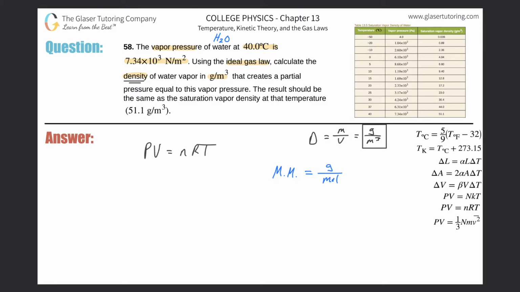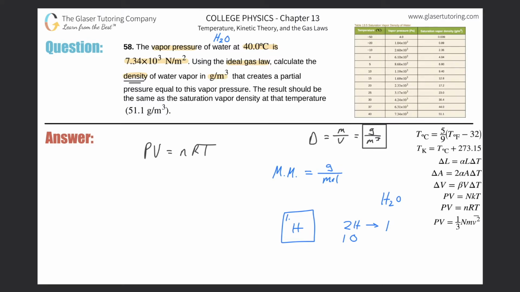Now, when you go to the periodic table and you find water, we know that within water there exist 2 hydrogens and there exists 1 oxygen. And each hydrogen weighs about 1 gram per mole. I mean, that's what happens when you go to the table, right? You see hydrogen over here, you got your atomic number, and then you have your mass number up here, or your average atomic mass, I should say.